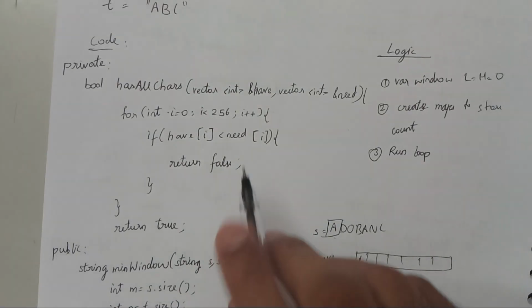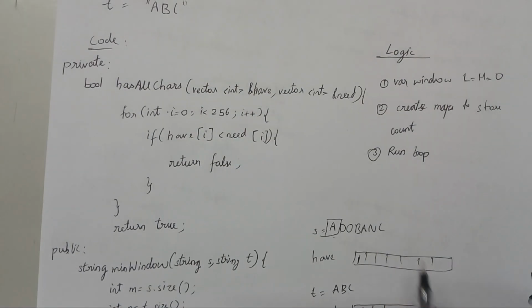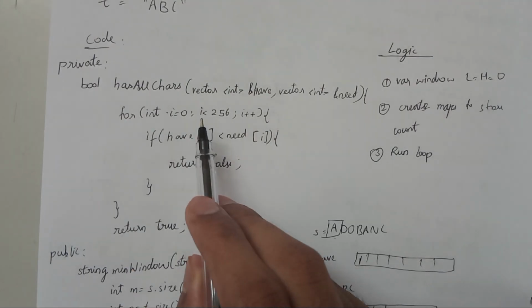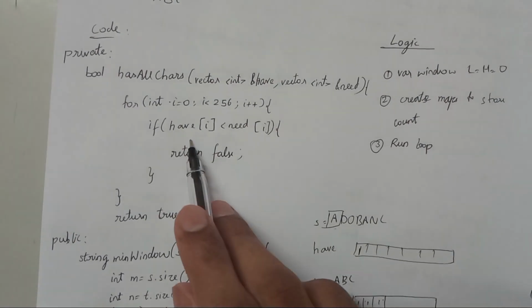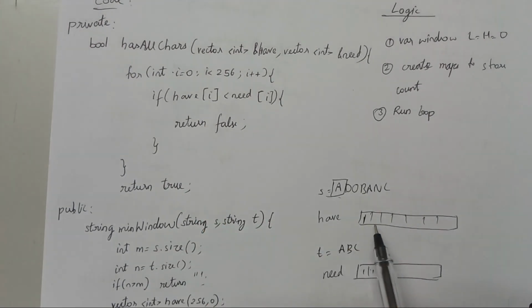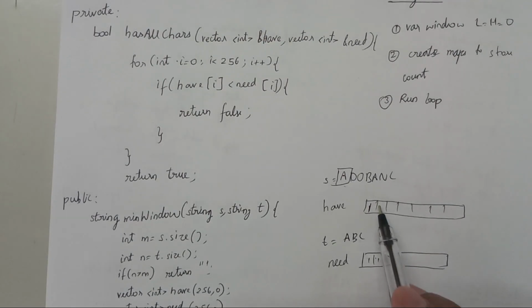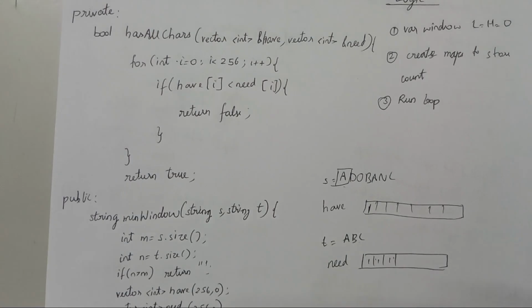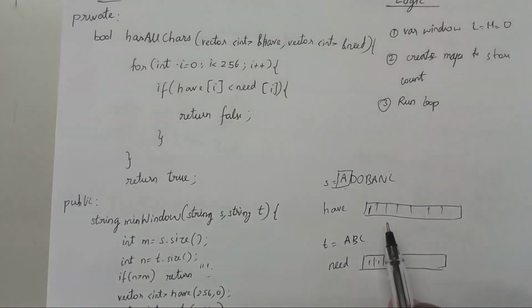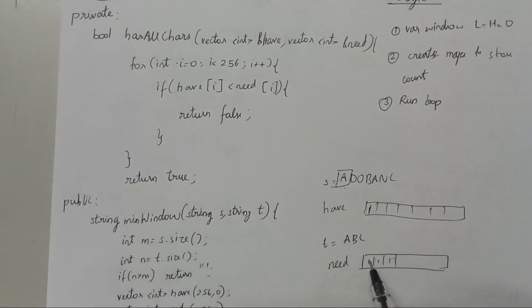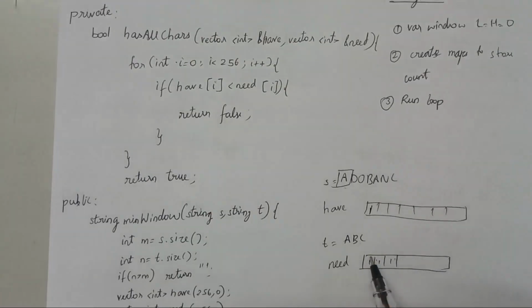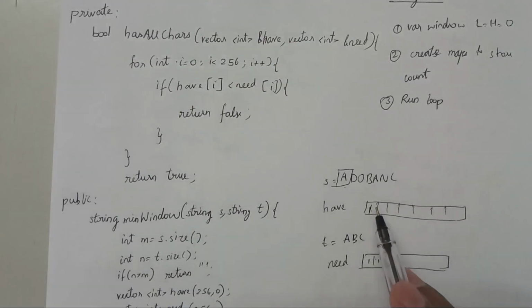This function takes two vectors as input and checks for every element in the array, if have of I is less than need of I, that means the count is less than needed. If need of I is less than or equal to have, that means we can continue.